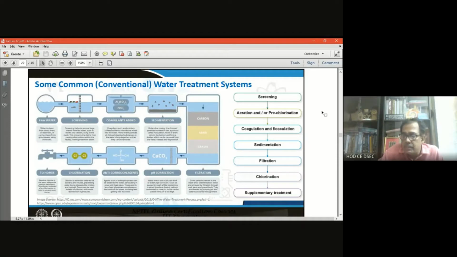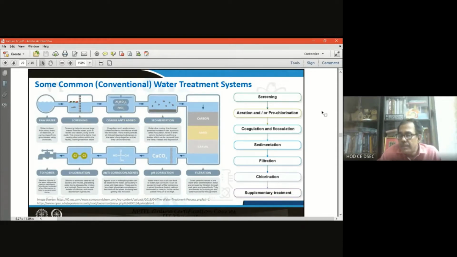It is resisted there to make the facility easier, so that it cannot obstruct the further process of treatment. That is why it is called the preliminary treatment, the screening.